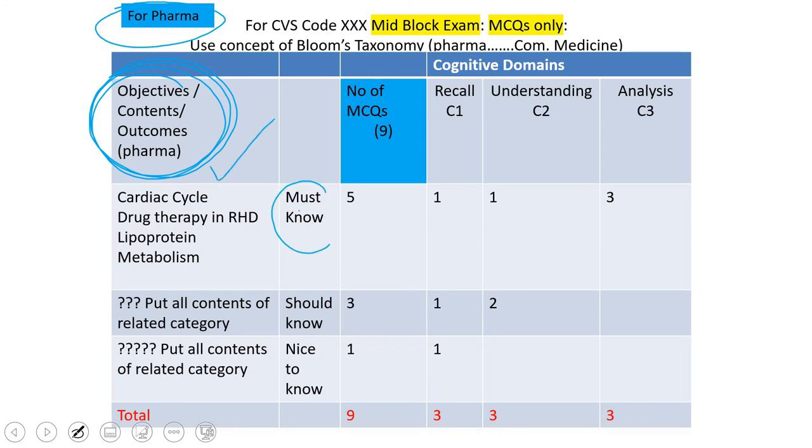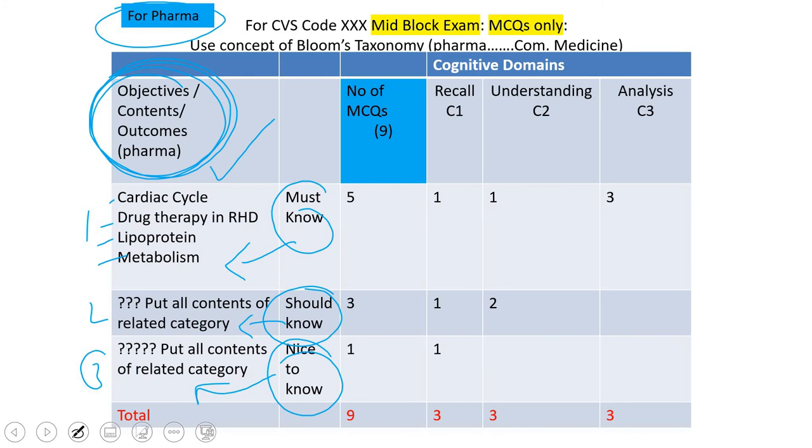The must know column shall be segregated like this. These topics shall be mentioned here, and similarly you list the topics where the candidate should know, and the nice to know category also. So they are categorized primarily in a 1, 2, and 3 way.